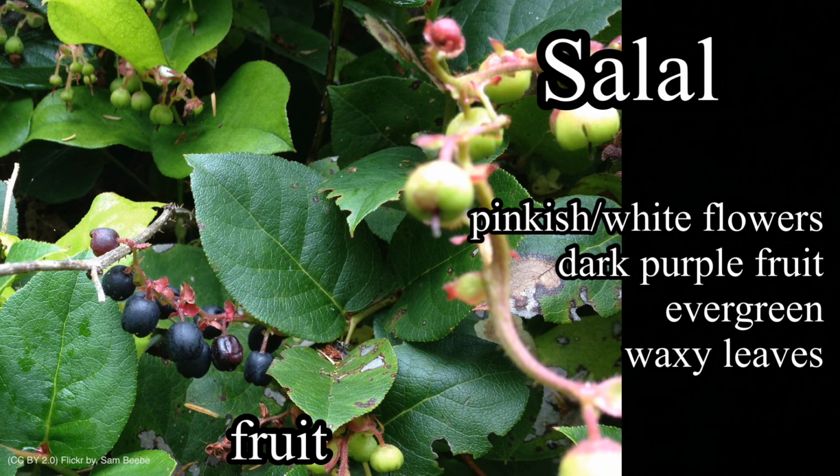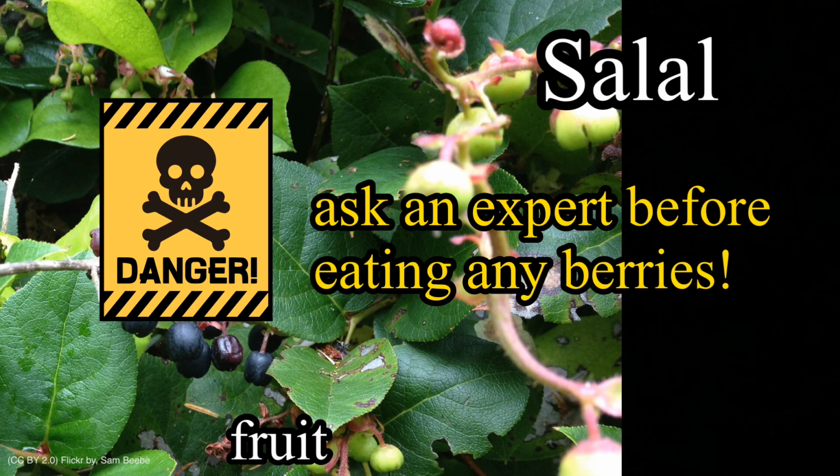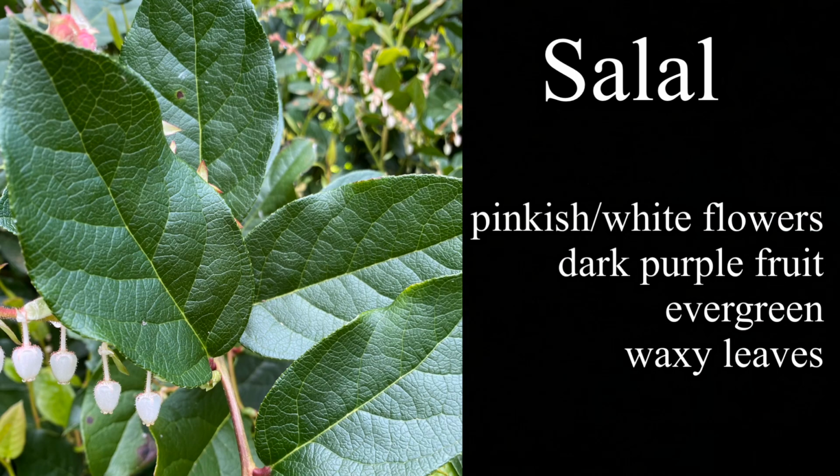Salal berries were eaten fresh, dry, and used to sweeten other foods prepared by Aboriginal communities. Salal berries are juicy and sweet, but you should never eat wild berries unless you're an expert and can clearly identify what they are and that they are safe to eat. Salal does well in a cool, wet climate because of its thick, waxy leaves that remain green all year long.